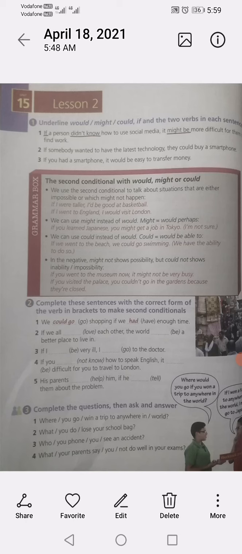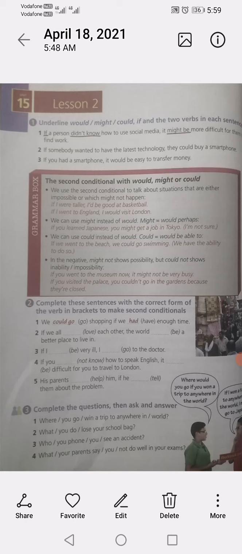And now write the date on page 30. Exercise number 1. Underline would, might, or could, or if, and the 2 verbs in each sentence. Number 1. If, didn't know, and might be.